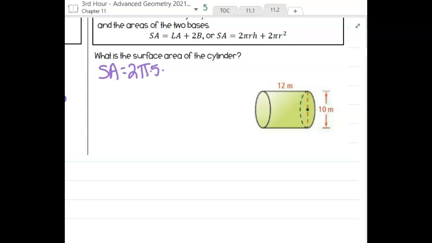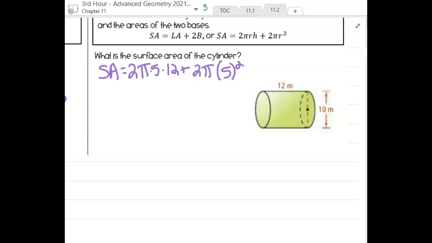If it was sitting on its bases, which it's not, so if I tilted it up, how tall would it be? 12, plus 2 pi r, which you said was 5, squared. Now notice in that first part of this formula, you can totally do pi times diameter instead of 2 pi rh. Here we will leave it in simplest form, in terms of pi.